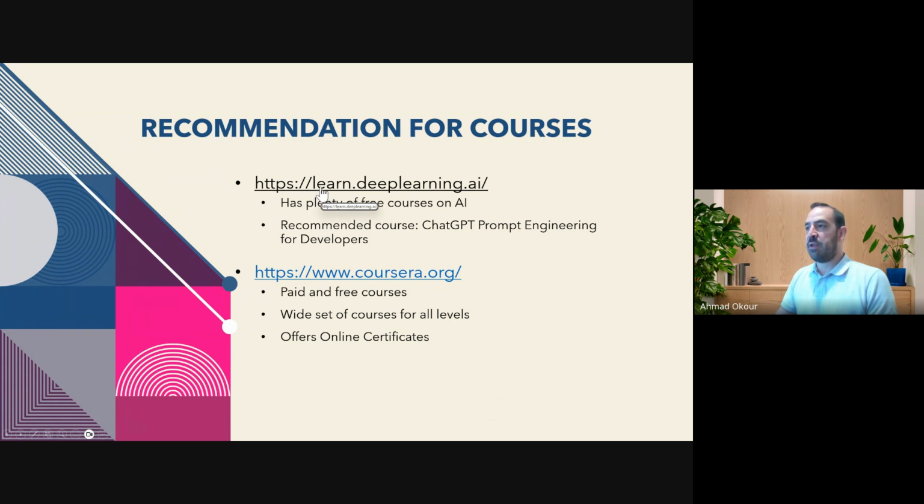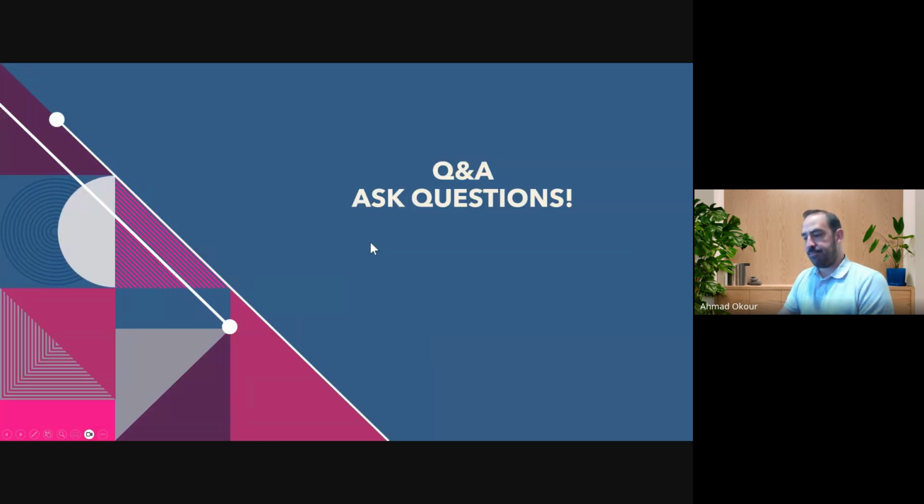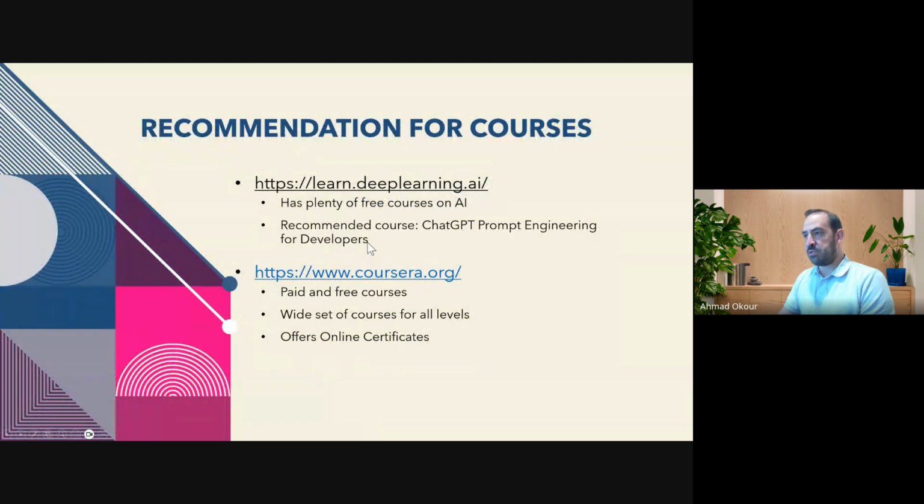One is DeepLearning.AI. One is Coursera. This one is more popular and more generic, but it has a lot of AI courses, paid and free. This one is mostly free, I think. And this is one of the recommended courses that I took a while back that really helped me understand how to build applications with AI.